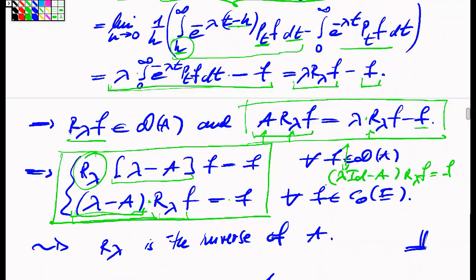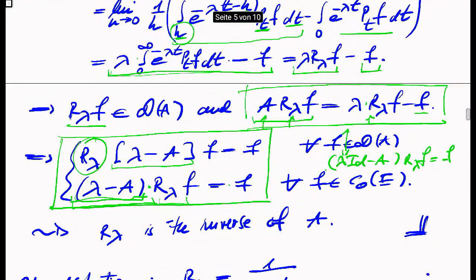In other words, lambda minus A is the left inverse of the operator R lambda. So in particular, R lambda and lambda minus A are mutual inverses of one another.